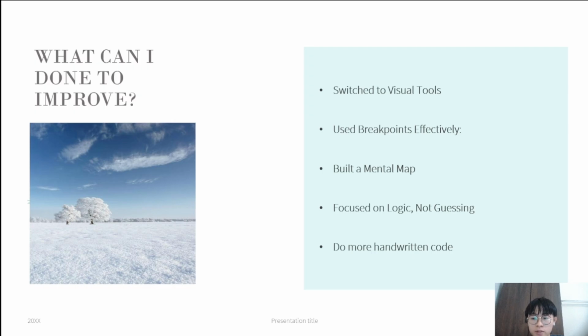Okay, so for this semester, what can I do to improve my learning of data structures and algorithms? First of all, I will make a major shift in my learning to writing the code on paper, not just writing the code on the computer and running it on the terminal. By writing out the logic by hand and drawing out the structure, this will sharpen my brain during the exam.